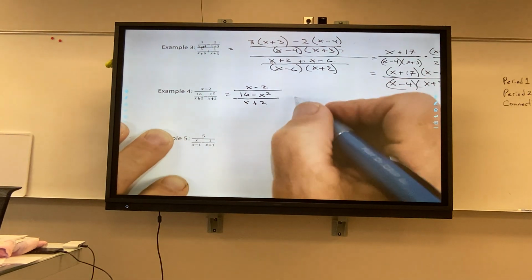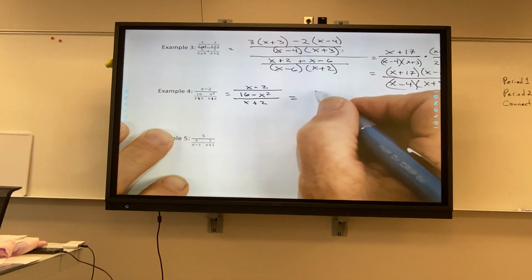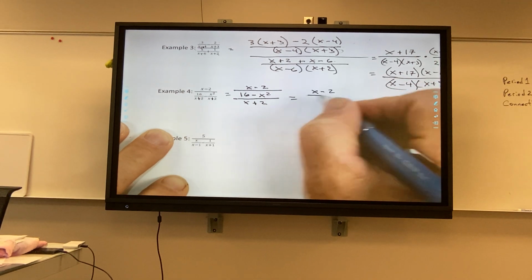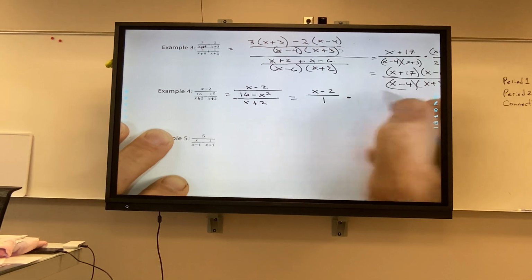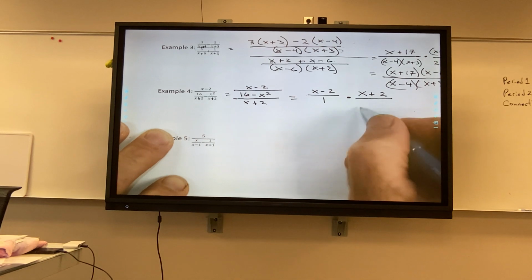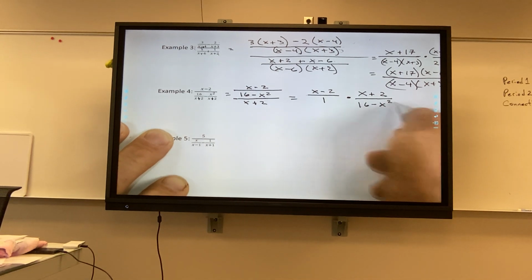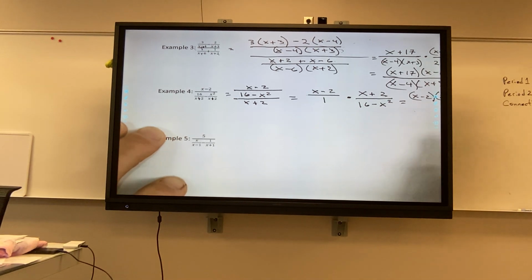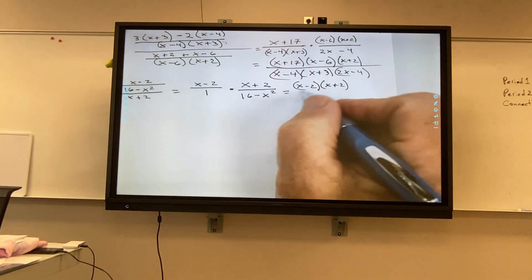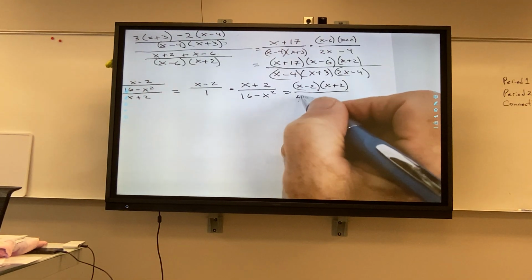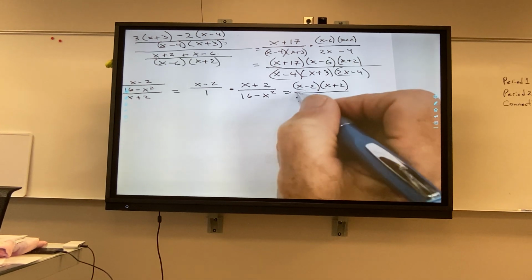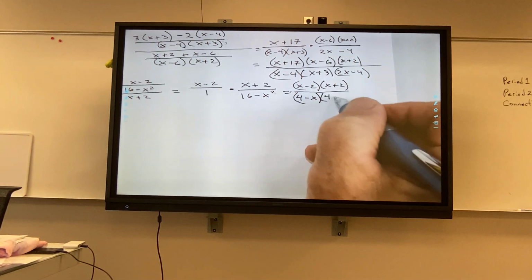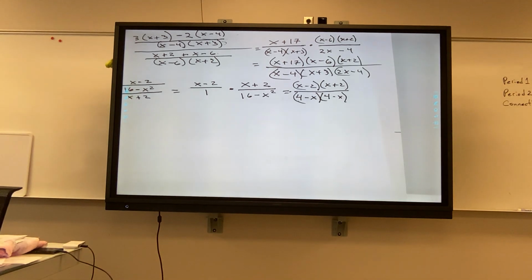Okay. And so now this is going to be x minus 2 over 1 times the reciprocal x plus 2 over 16 minus x squared, and I'm going to have x minus 2, x plus 2 over 4 minus x, because these are like what Tyler said yesterday, difference between squares.